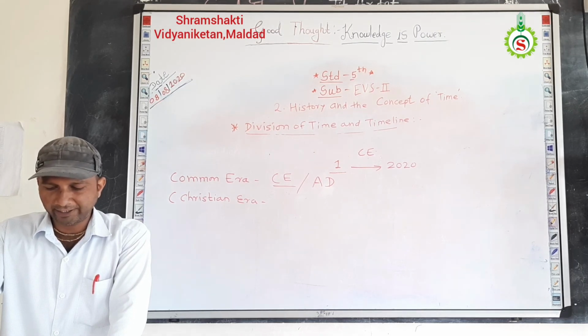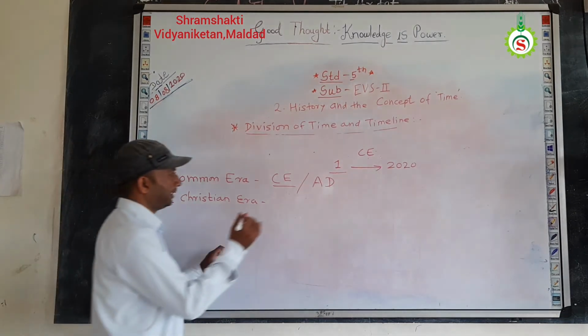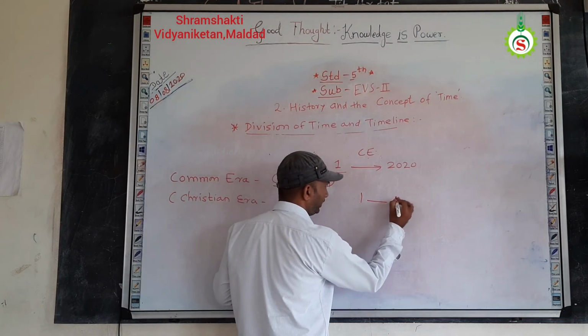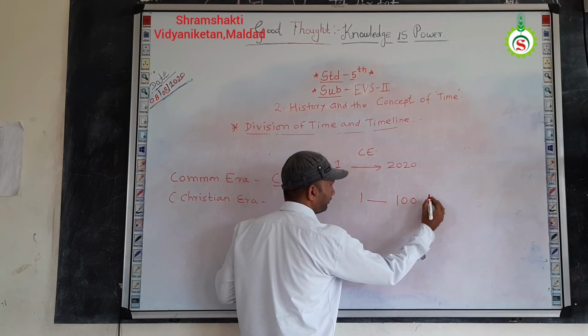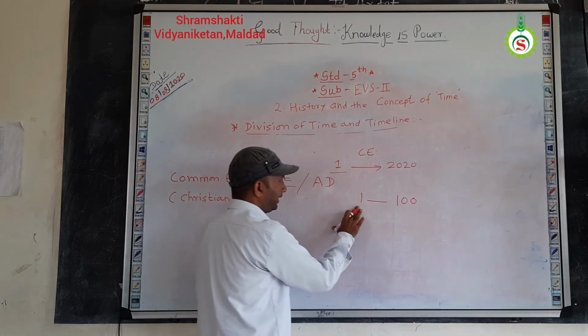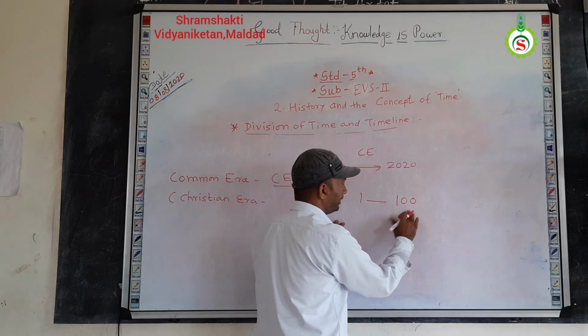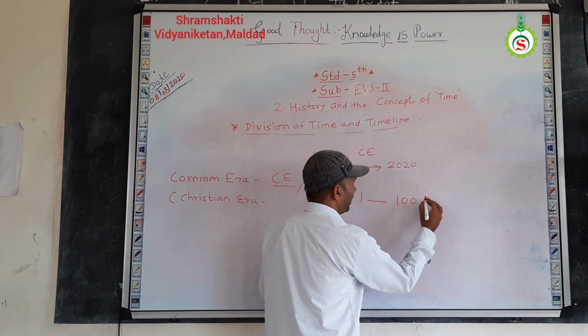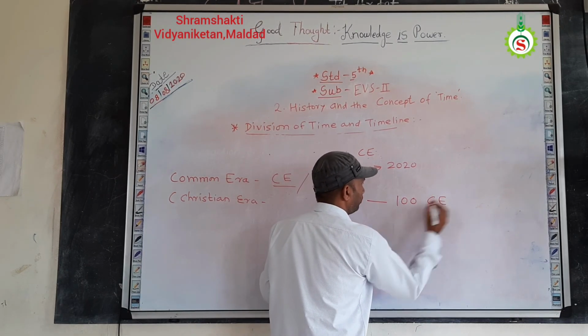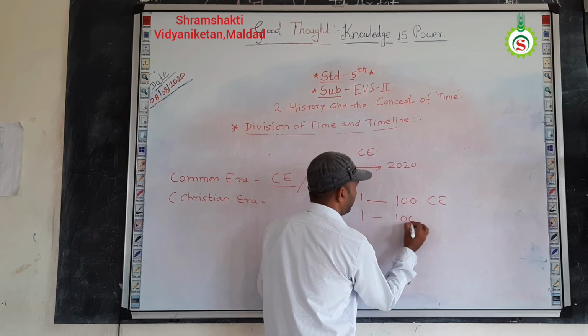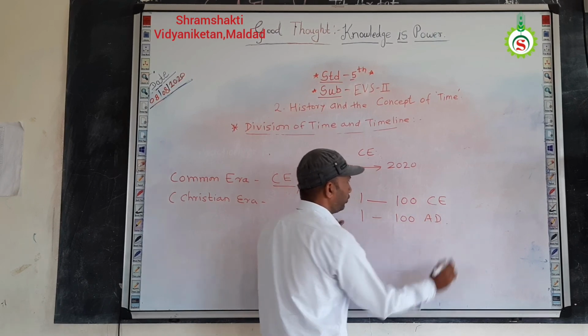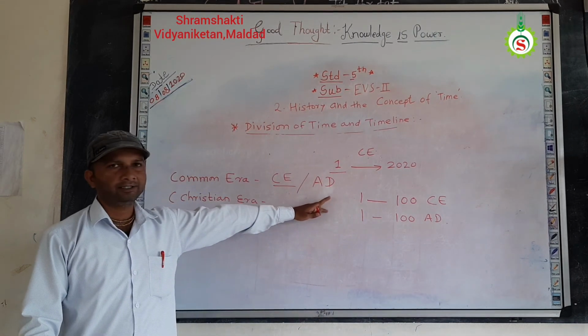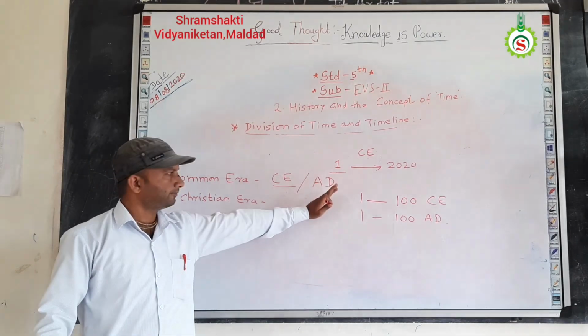The first 100 years, that is the first century of this era, is written as 1 to 100 CE. Means from year 1, from the death of Jesus Christ up to the 100 years, it is called 1 to 100 CE or 1 to 100 AD. So this is the method of writing the years from that period.